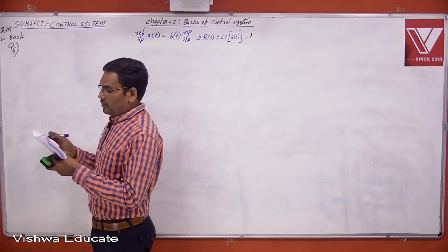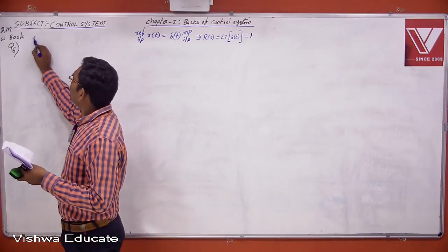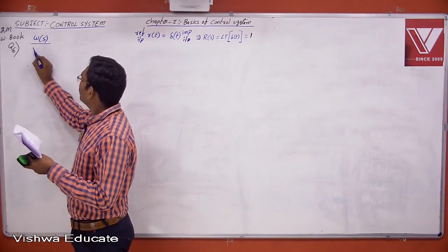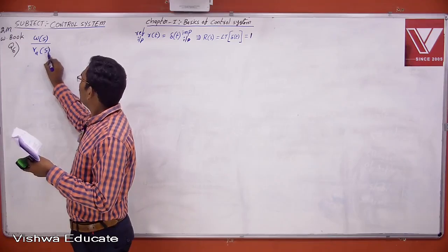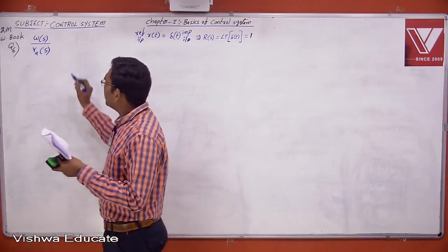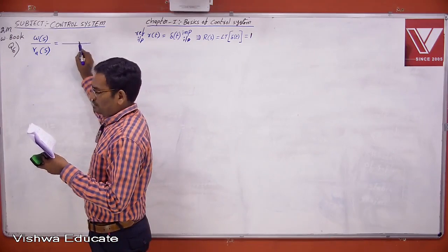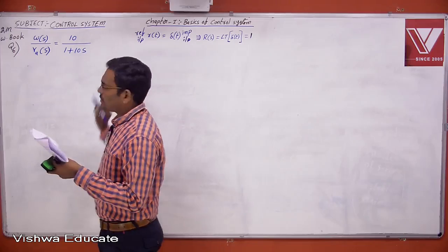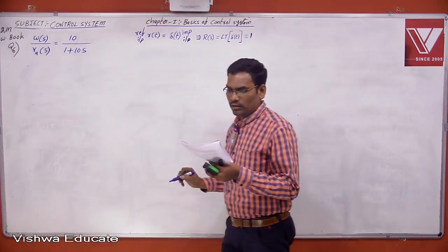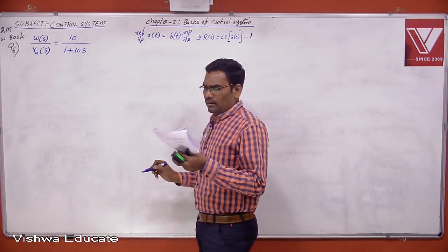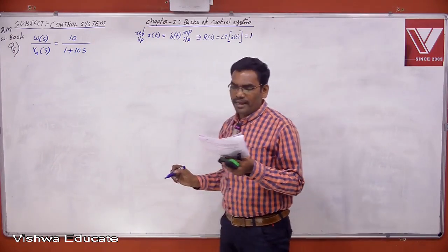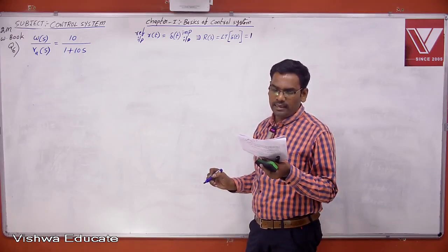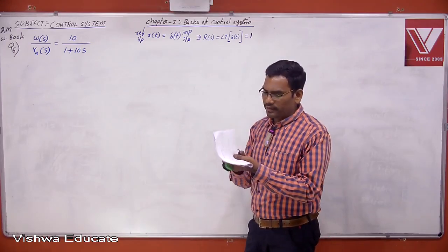Now, the open loop transfer function of a DC motor is given as omega of S by VA of S equal to 10 by 1 plus 10 into S. When it is converted into feedback as shown below, find the approximate value of Ka such that the time constant is given. So the question is related to the time constant.